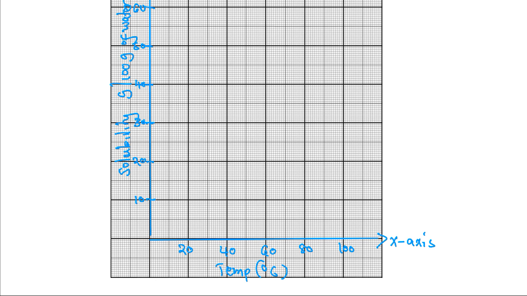So let's plot. We have 100. The first plot is 25:10, then we have 60 to 30.